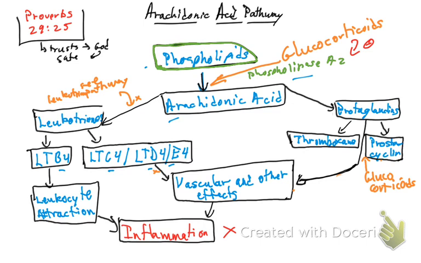And then we can talk about one more inhibitor, which is the one that goes from arachidonic acid to prostaglandins. That means it comes from here, arachidonic acid to prostaglandin. And this one is going to be the cyclooxygenase.